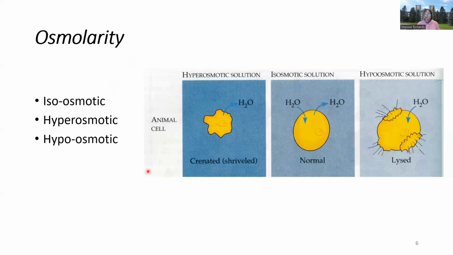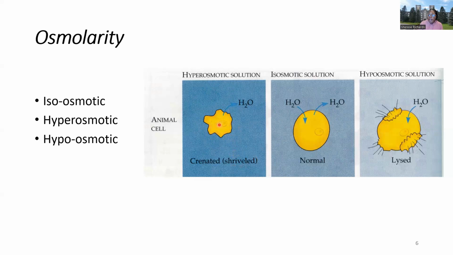If we think about the alternative scenario, so if we put one of our cells into a hyperosmotic solution, again, if you think about the terminology here, hyperosmotic, more osmolarity, more solutes. So the solution into which we place the cell has more solutes, so it has a lower water concentration.